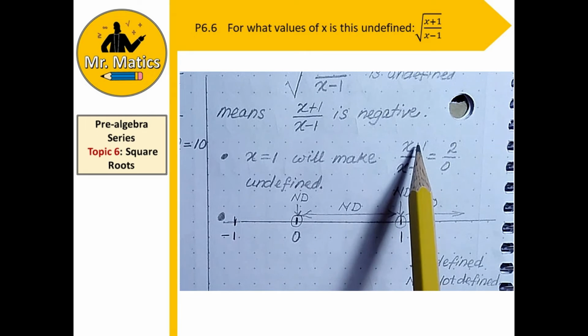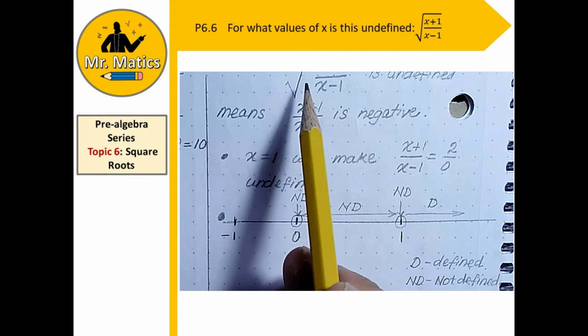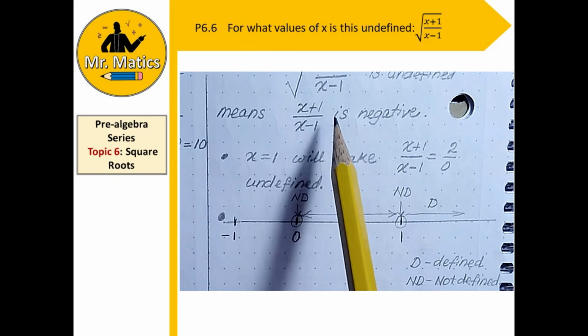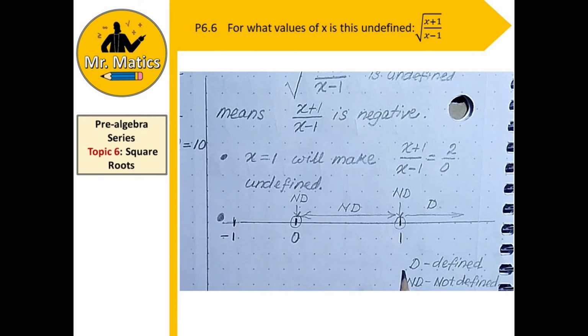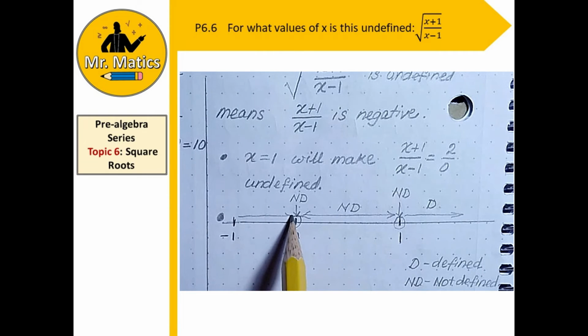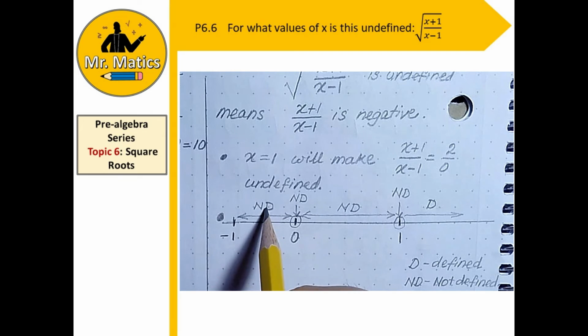So 0.8 over minus 1.2 is a negative number, and we know that this ratio under the square root will become undefined. So we will continue thinking about that ratio being not defined in this entire region.